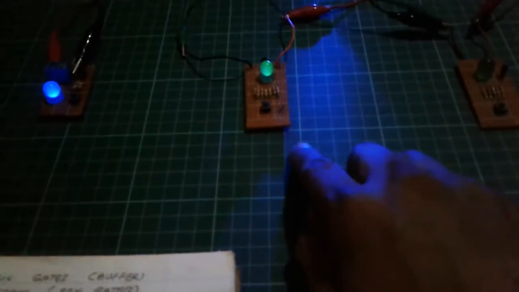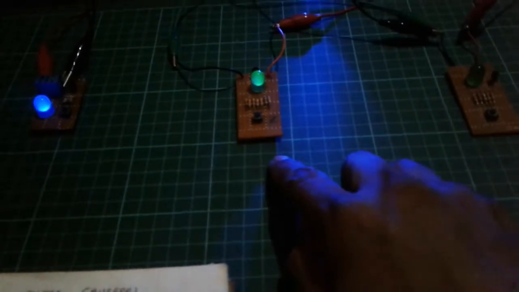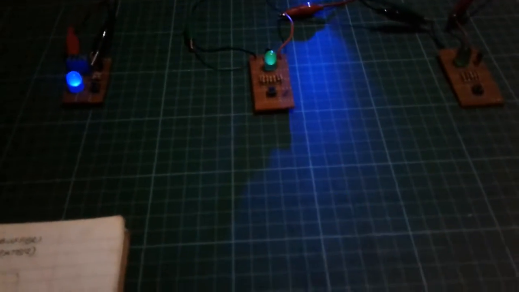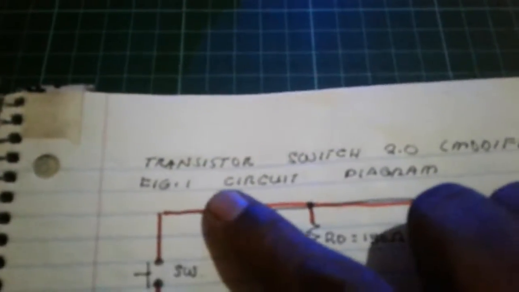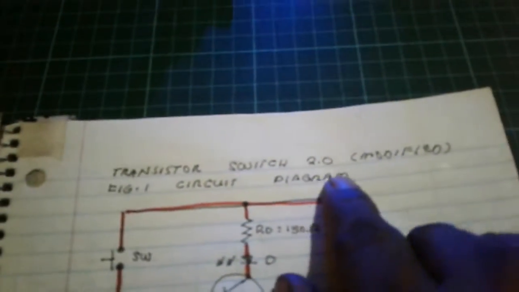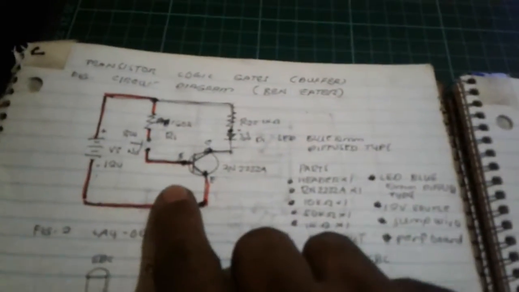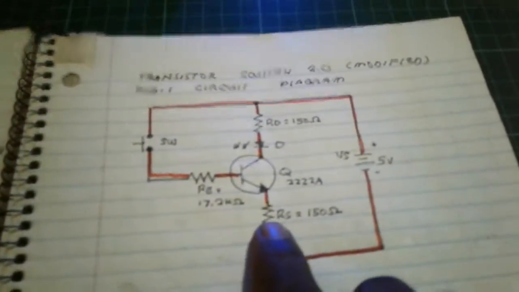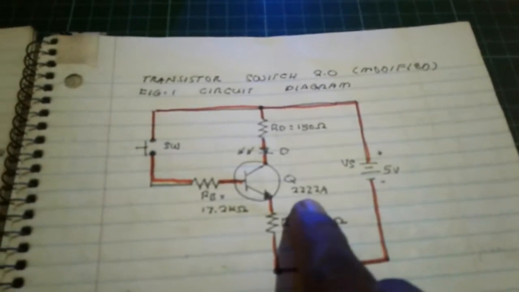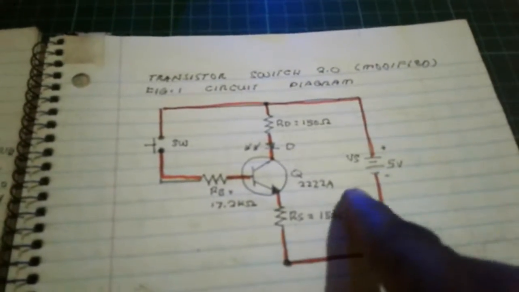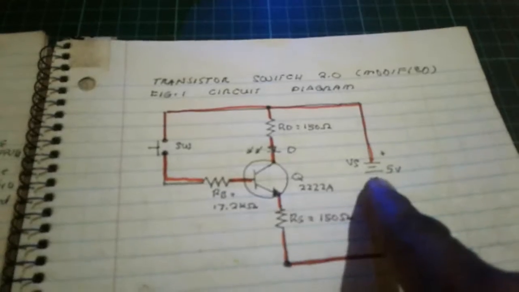So I designed this second circuit here, but still let us see the circuit here. The circuit of this one is this, transistor switch 2.0 modified. So I modified this one with this one using the same transistor but a different power supply here.